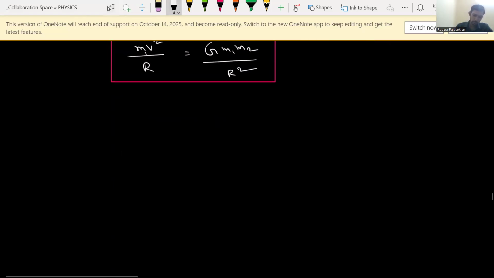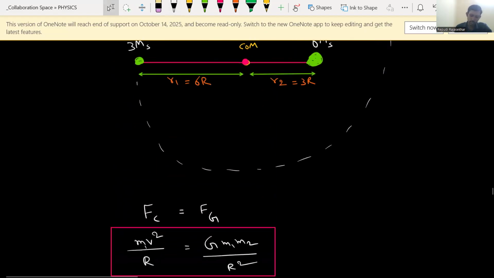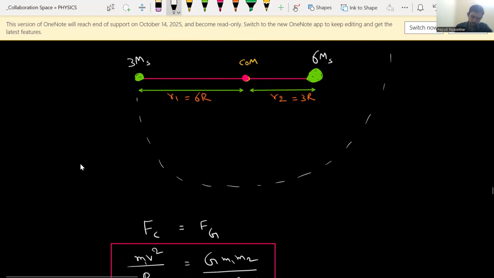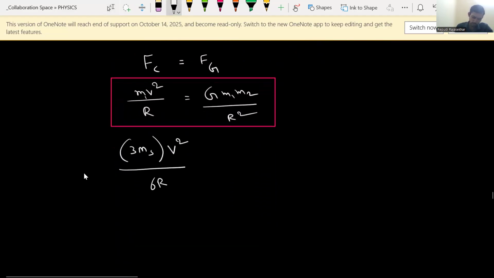So the equation becomes, which particle is revolving? 3m. So 3m into, it is revolving with velocity, we don't know the velocity, let us take v square, divided by what is the radius value? Radius is nothing but the distance from the center of mass to the 3m. How much is the distance? 6r. So here you can write 6r, which equals the gravitational force between the particles. How much is that?